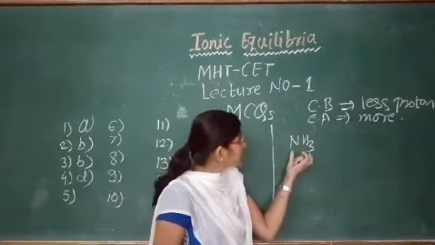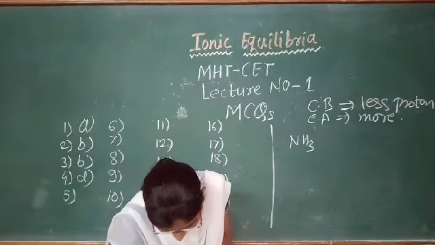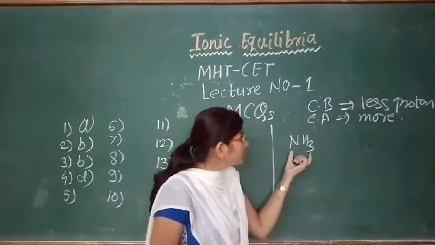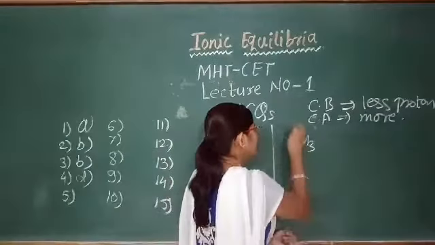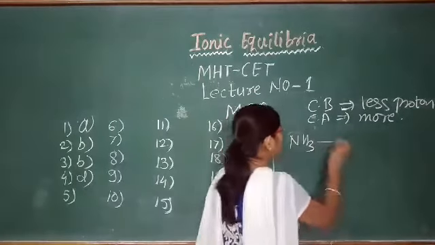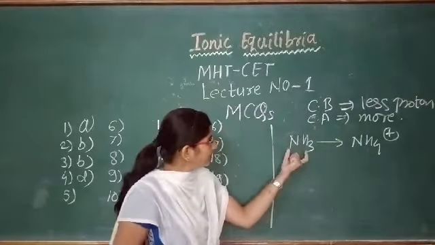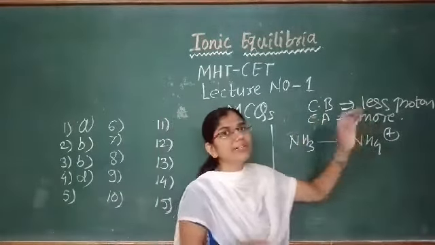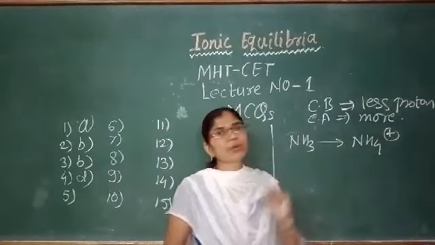If NH3 is a base, its conjugate acid has one more proton, so if NH3 accepts a proton, it becomes NH4 plus.